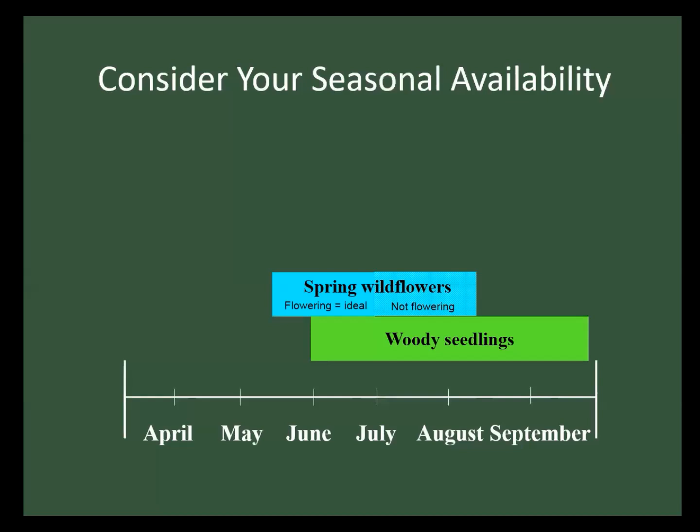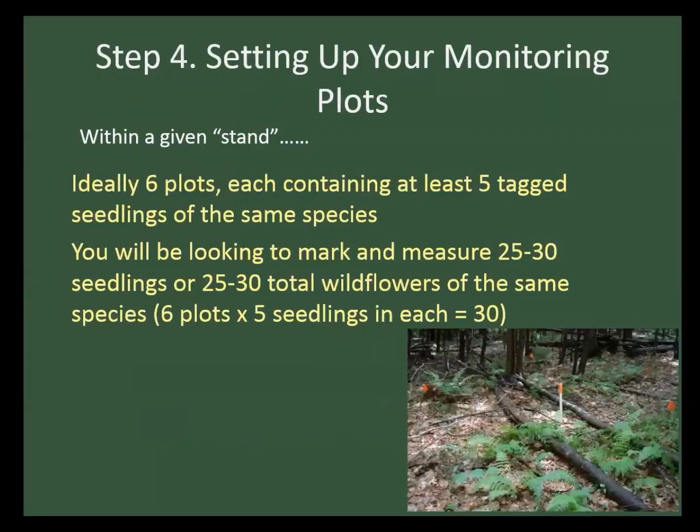And you could go into August, but it's really not ideal. Whereas for woody seedlings, you can monitor those anywhere from June until when the leaves fall off in the fall. So that's a consideration as well, the time that you have available, and really there's a bigger window for monitoring woody seedlings.